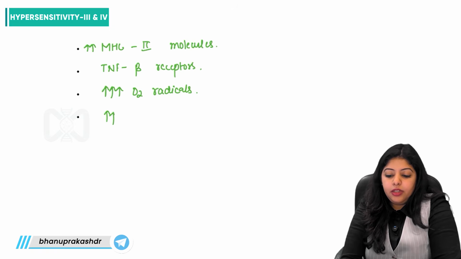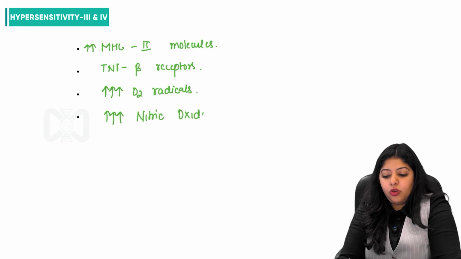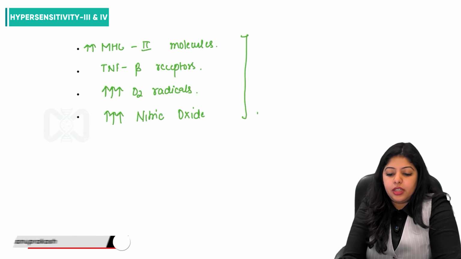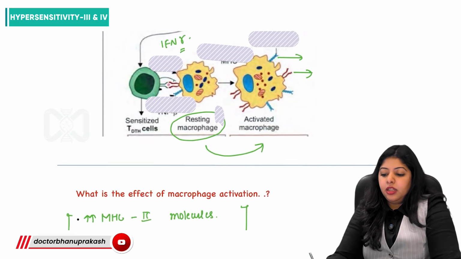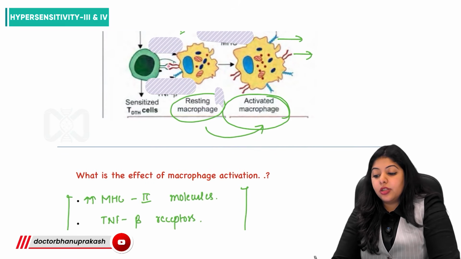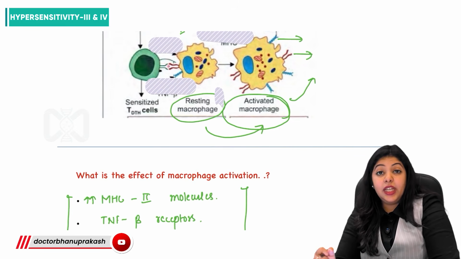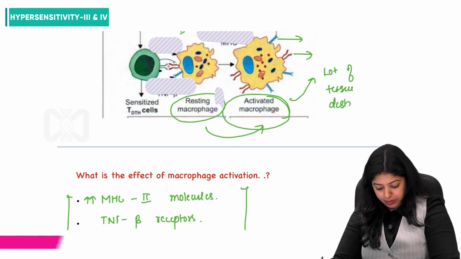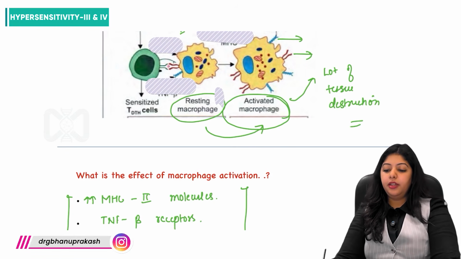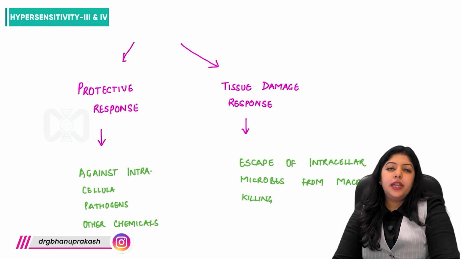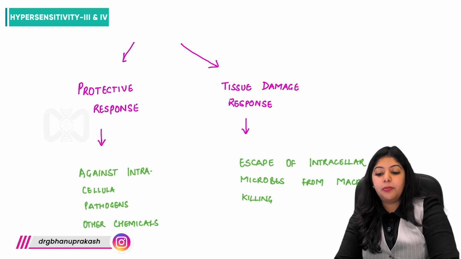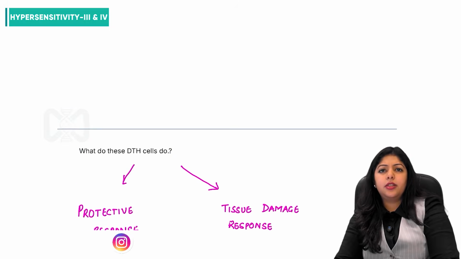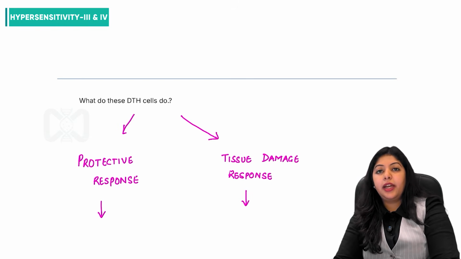And nitric oxide is also getting released. So these are all acting as inflammatory things. So this activated macrophage is now very active, ready to cause a lot of tissue destruction. Right? So now we have said a lot of things are happening, sensitization phase has occurred, macrophages are getting activated.